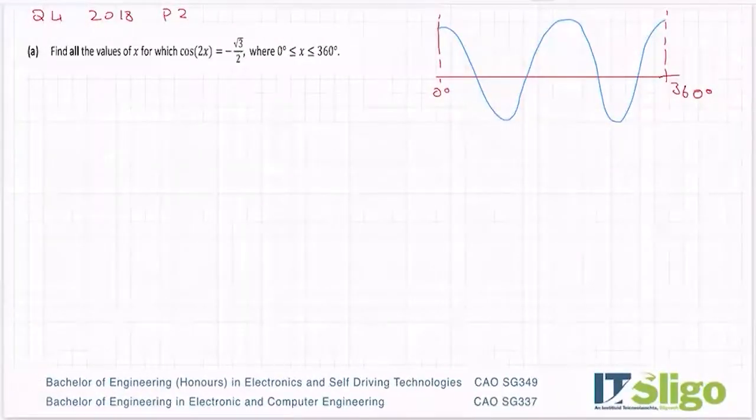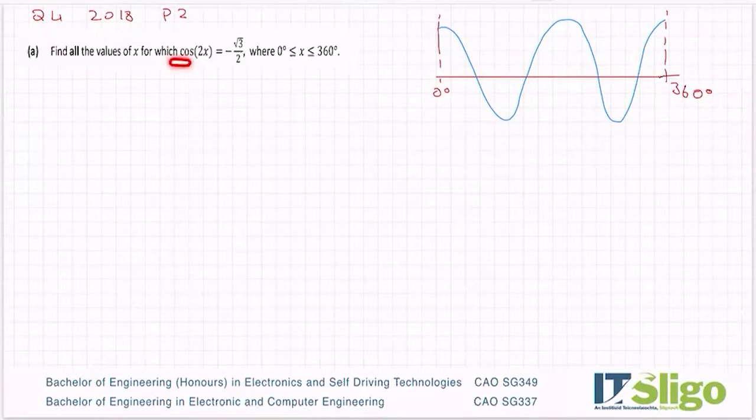Okay, now we have value minus root 3 over 2. Okay, I'm just going to put that into my calculator just once, just to decimalize it. So minus 0.866. Okay, I also know that this cos has a range of 1 to minus 1.